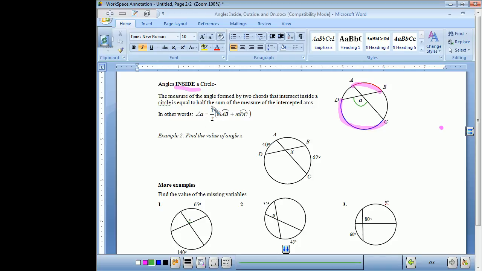This angle A is 1/2 of the sum of those two. So to find this angle X, it's half the sum of those two. So we do 40 plus 62, which is 102. And when we take half of that, we get 51 degrees. X is 51 degrees.